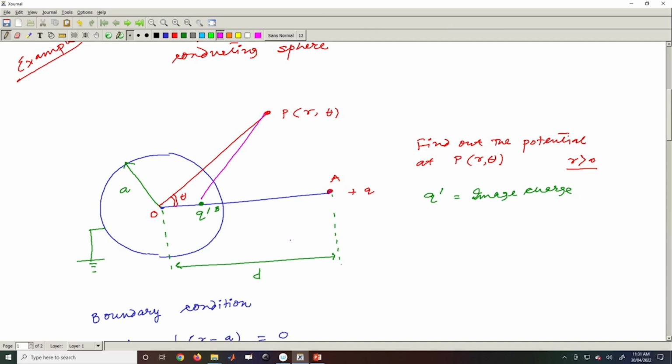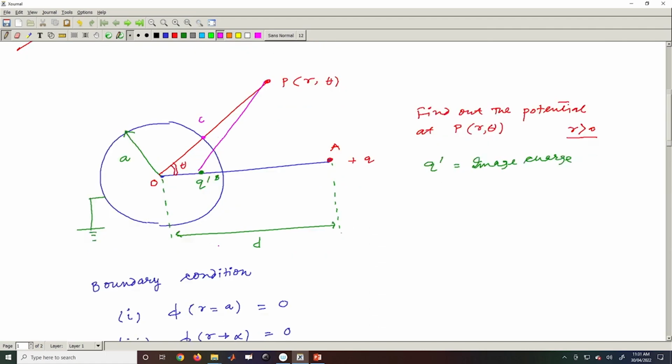Also I can join this A, and here this point is C. This point is C. So, the potential here at point C is 0. Let us calculate one by one.